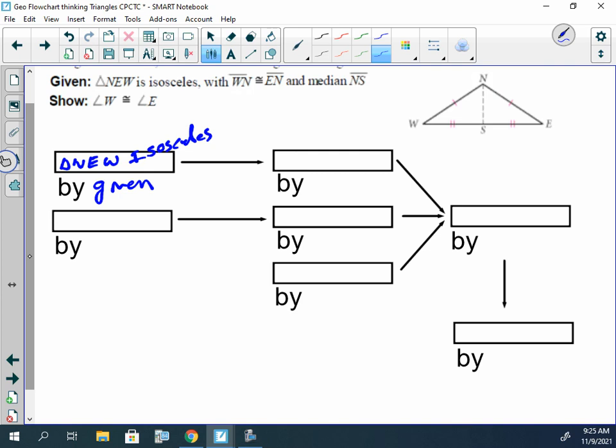From it being isosceles, we can say that WN is congruent to EN. Now the other piece of information we're given is NS.